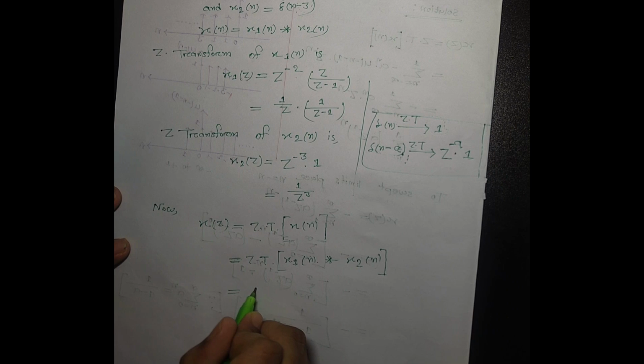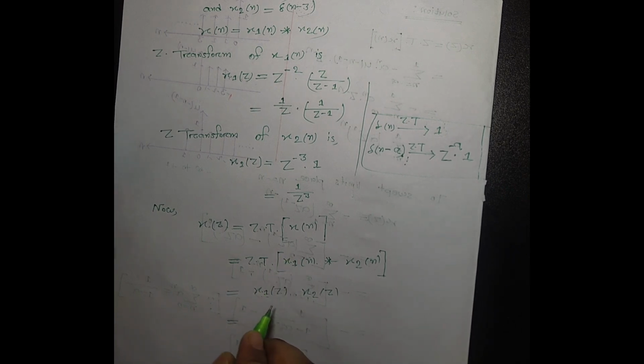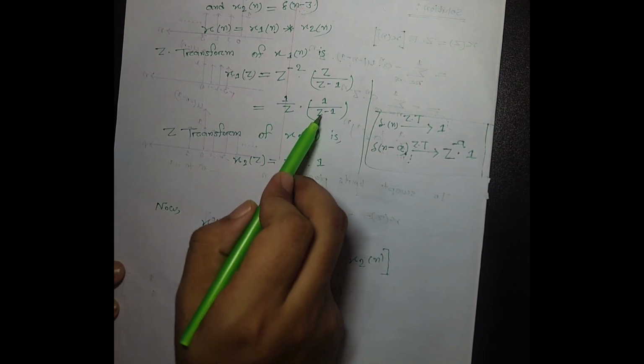And we can write from the convolution property X1 z into X2 z, and the value of X1 z is 1 by z into 1 by z minus 1.